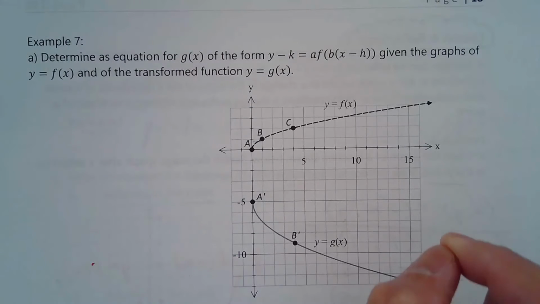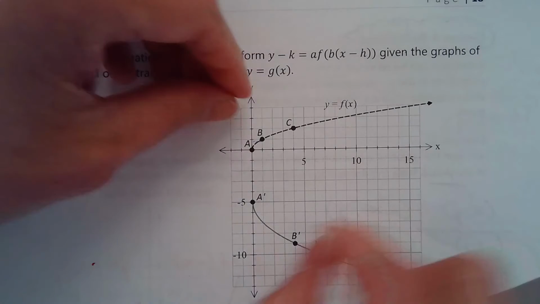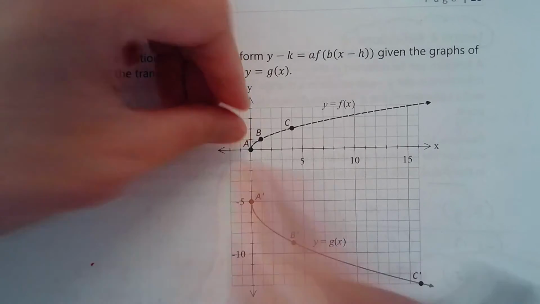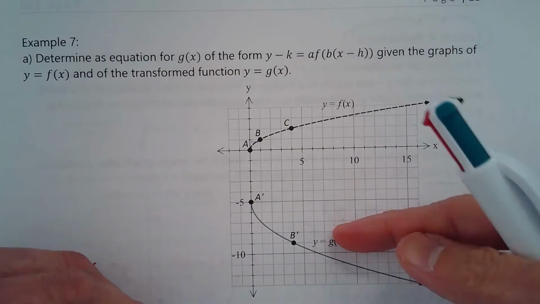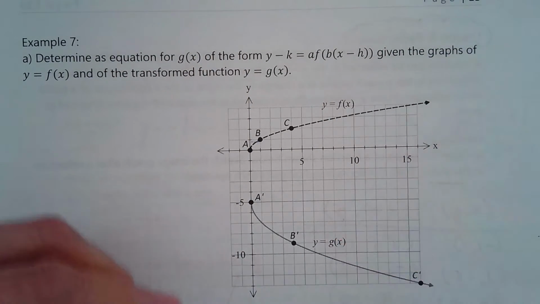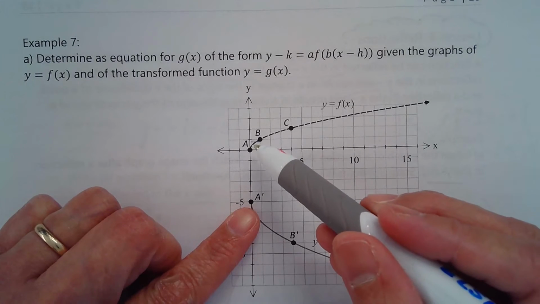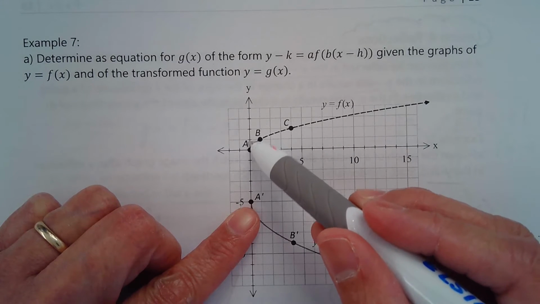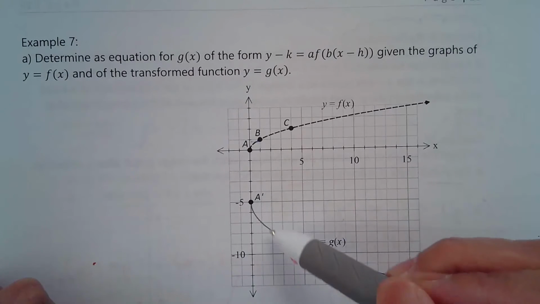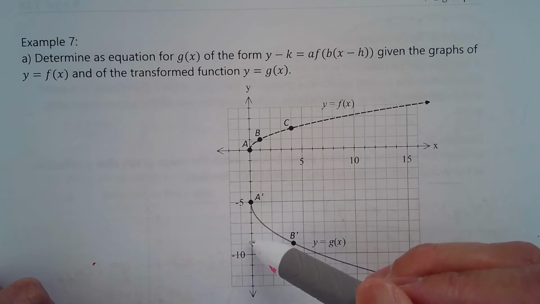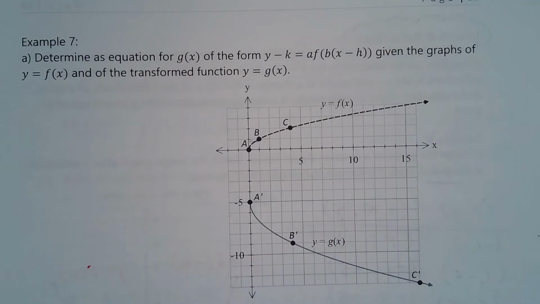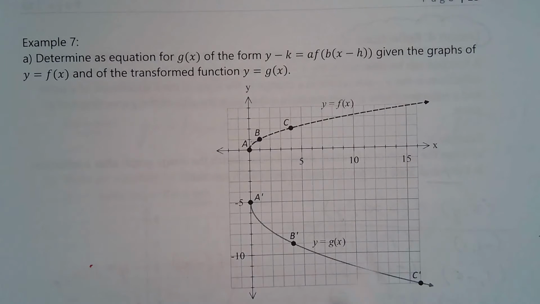And then it has to go down a certain number of units. There's a vertical translation down, and there's also a vertical stretch. So it got reflected down here over the x-axis. But you see the A and the B vertically, that's how far apart they are, 1 unit apart. But now look at how far apart they are vertically. So there is a reflection over the x-axis.